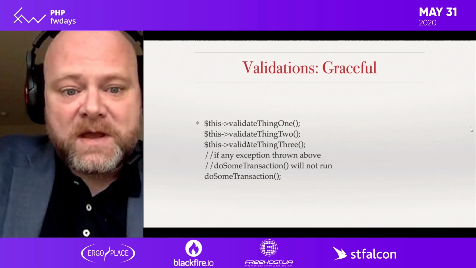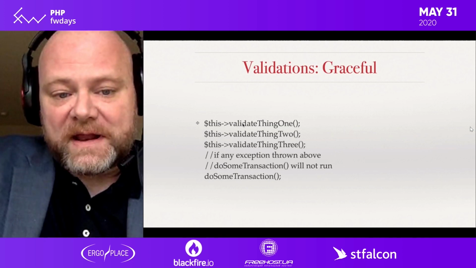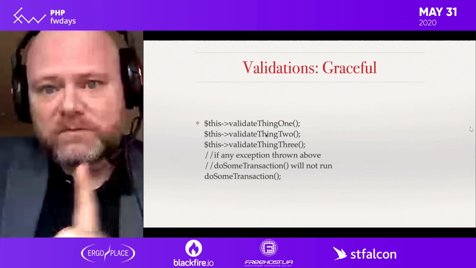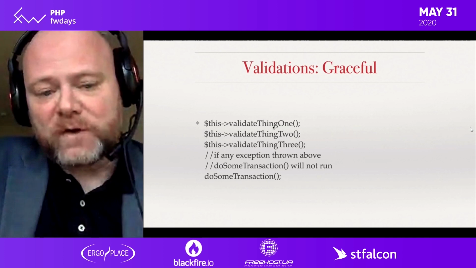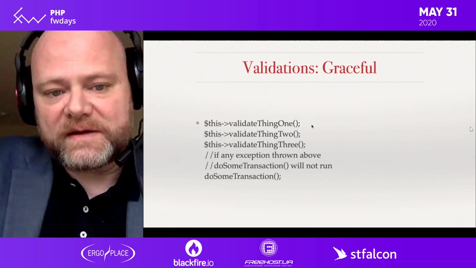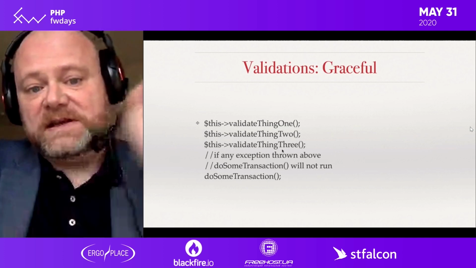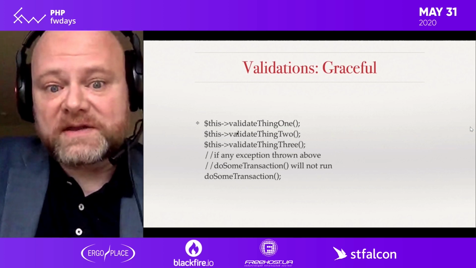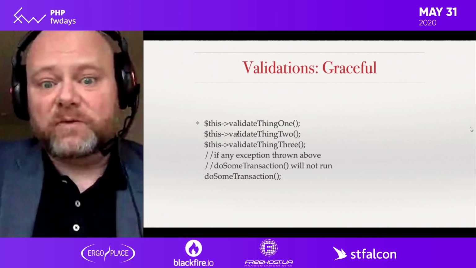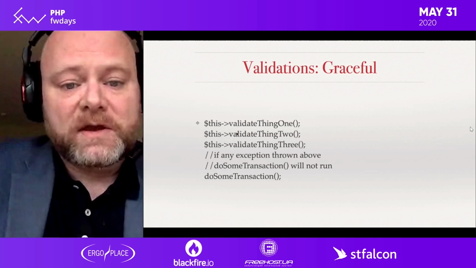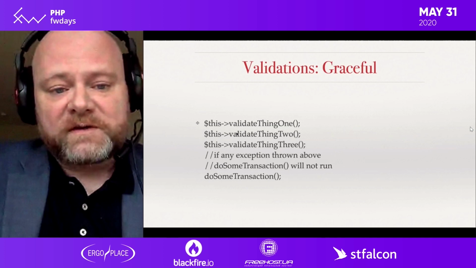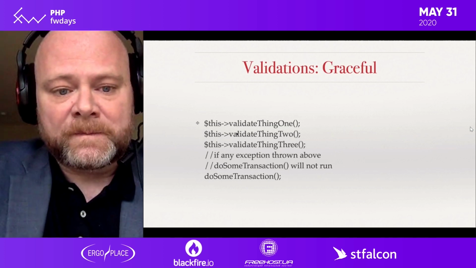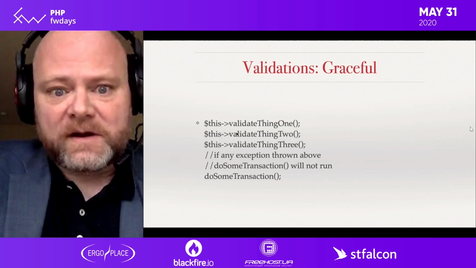Even better, if any of these validate methods throws an exception, it's going to bubble upward. So any code that is calling this is going to see the exception. So this code itself no longer needs to signal upstream of it with return true or false. So now your code is a lot flatter, right? You no longer have the if statement, and the error handling is a lot more graceful.